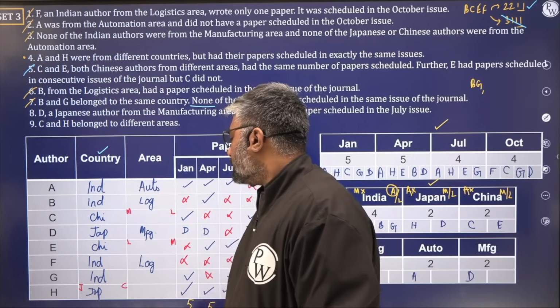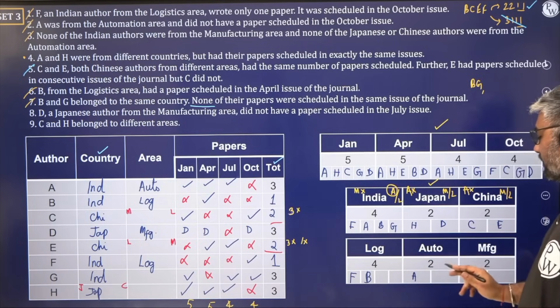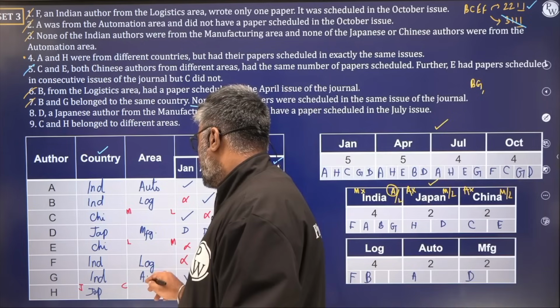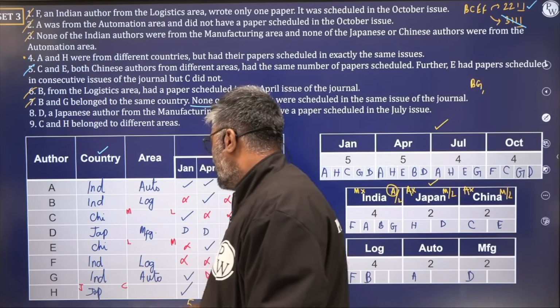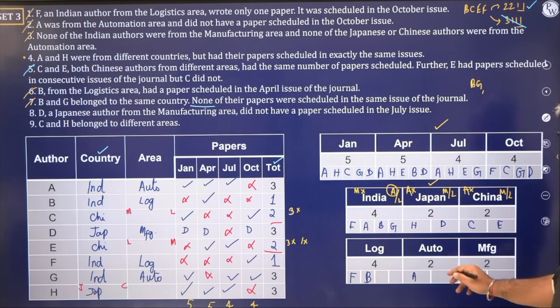Only one more person is left in India, that is G, and one more person left in automation. So it has to be automation for G. Yes, G has to be an expert in the automation area. Done. So G is in the automation area.